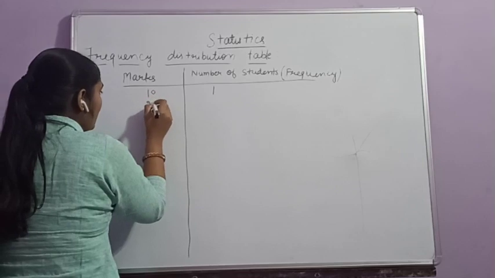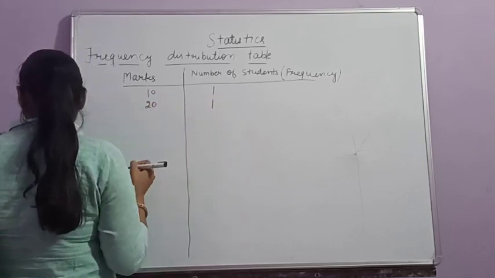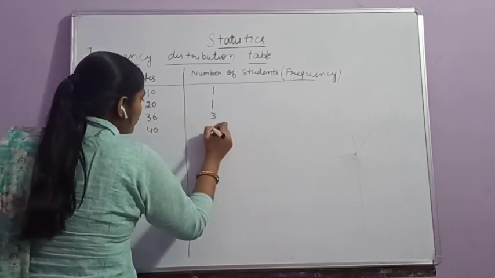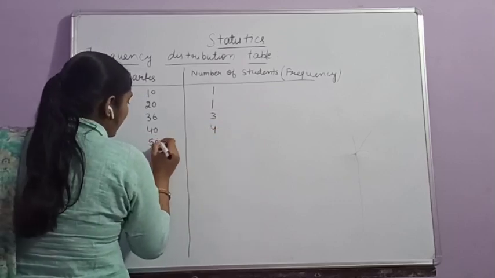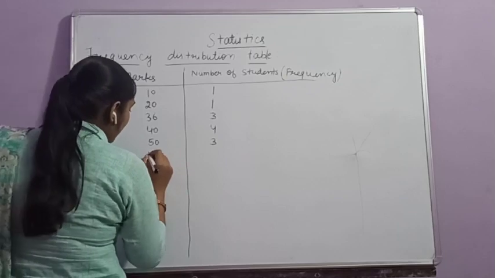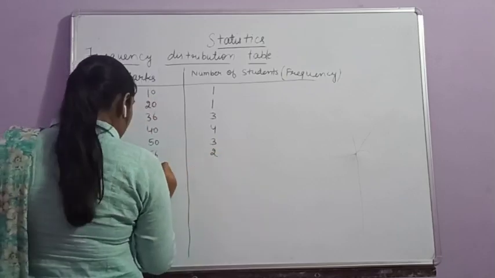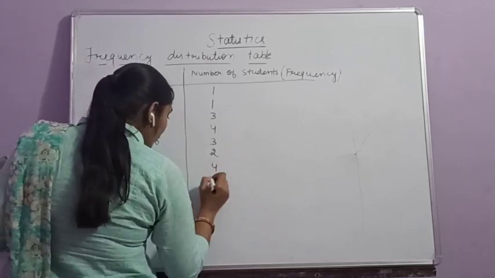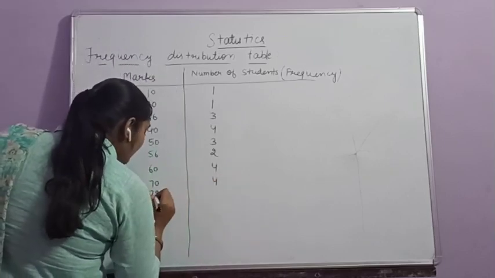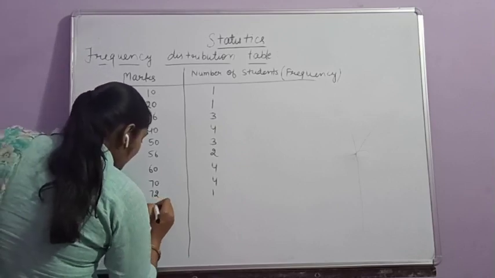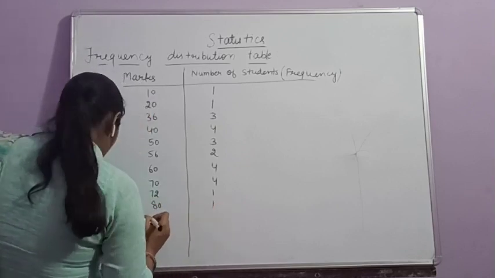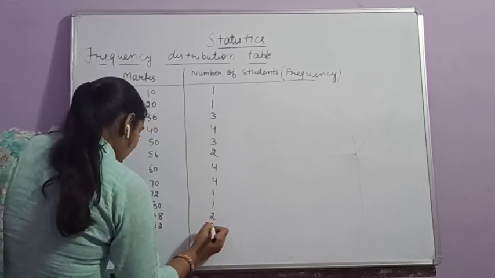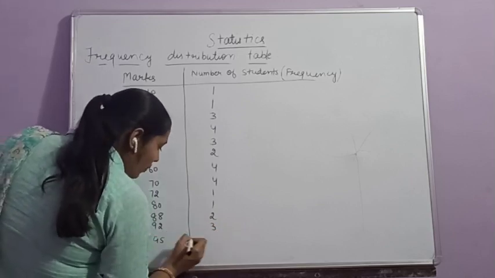Next is 20, one student. 36 gained by 3 students. 40 is gained by 4 students. 50 by 3 students. 56 by 2 students. 60 by 4 students. 70 by 4 students. 72 by 1 student. 80 by 1 student. 88 by 2 students. 92 by 3 students, and 95 marks by 1 student.